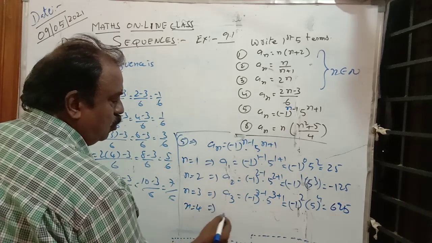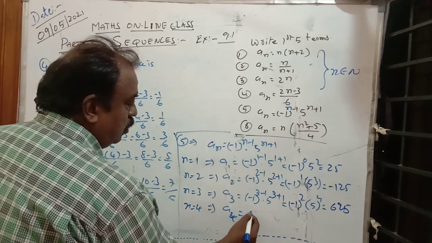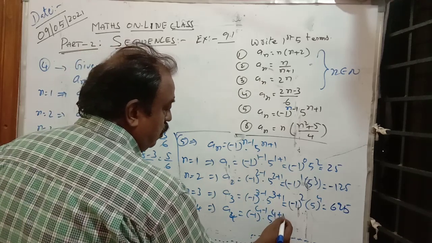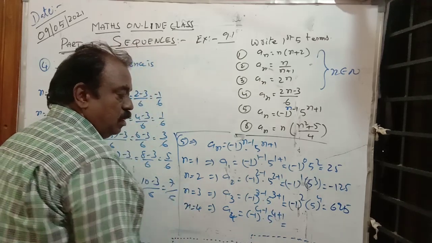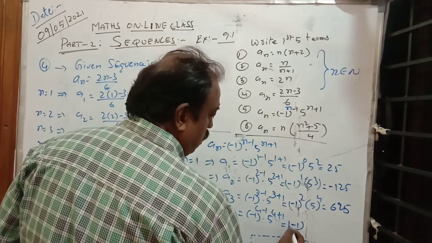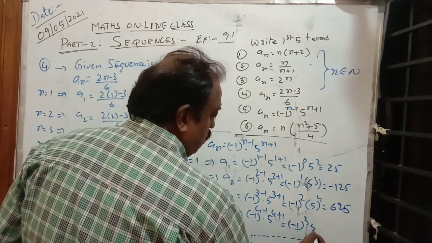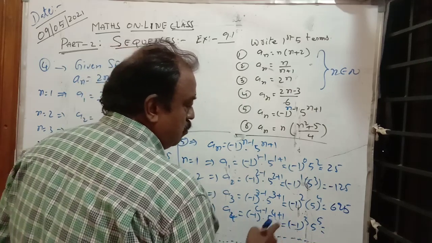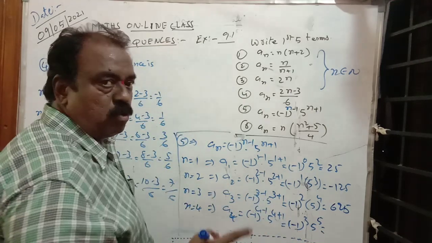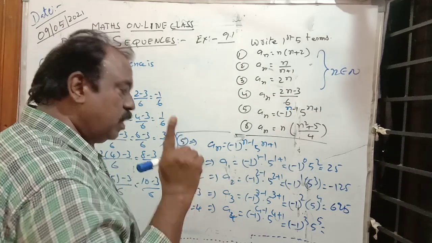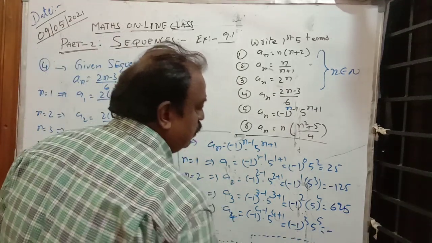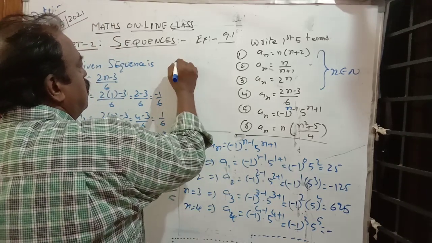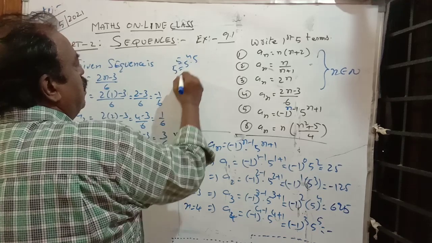Similarly, n is equal to 4. a4 is minus 1 power 4 minus 1, it is 4 plus 1. Okay? It is minus 1 cube, and 5 power 5. Minus 1 cube is minus 1 into minus 1 into minus 1, we get minus 1. It is minus 5 power 5, which means 5 power 4 into 5.